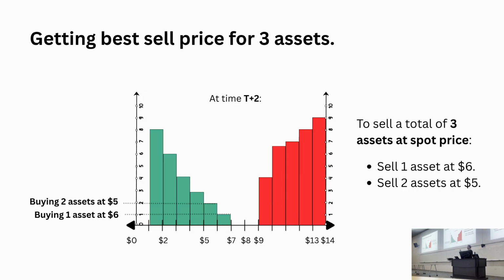It's going to walk the buyers from the best price to the worst price, and it's going to match you against them. So right now you have somebody who is willing to buy an asset at $6, and somebody who is willing to buy 2 assets at $5. So what your order is going to do is sell 1 unit of an asset, 1 Bitcoin, to the person who is willing to buy it at $6, and sell 2 assets to the second price level.